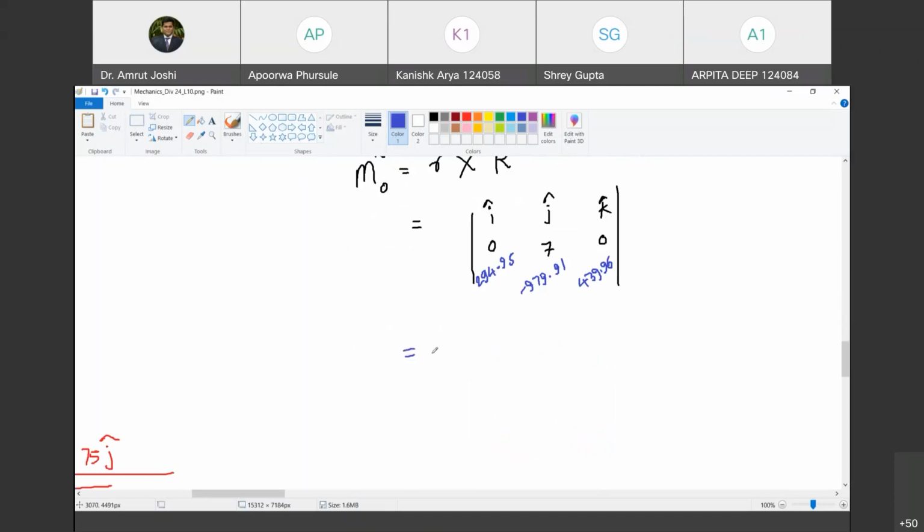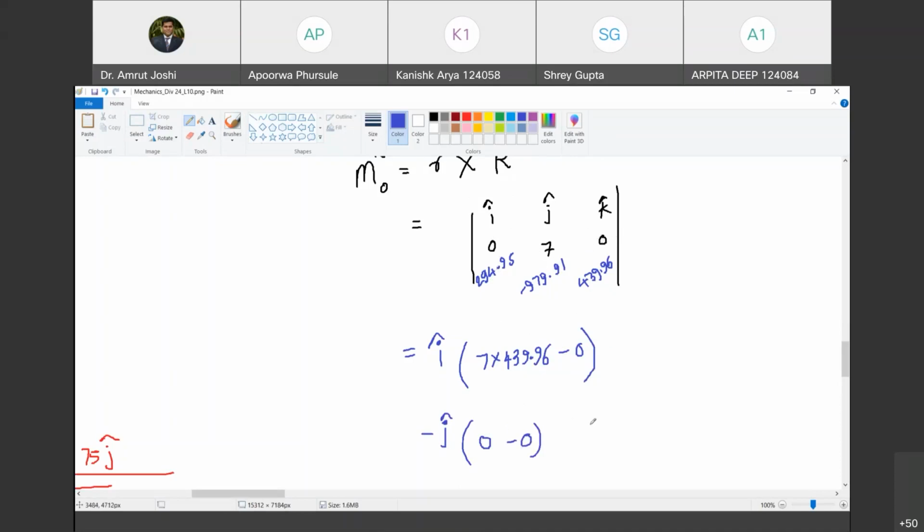How do I calculate that? I cap into bracket 7 into 439.96 minus 0, because the product of 979.91 and 0 is 0. Agreed? Yes, sir. Then minus j cap into bracket 0 into 439.96, that is 0, minus 0 into 294.95, that is also 0.